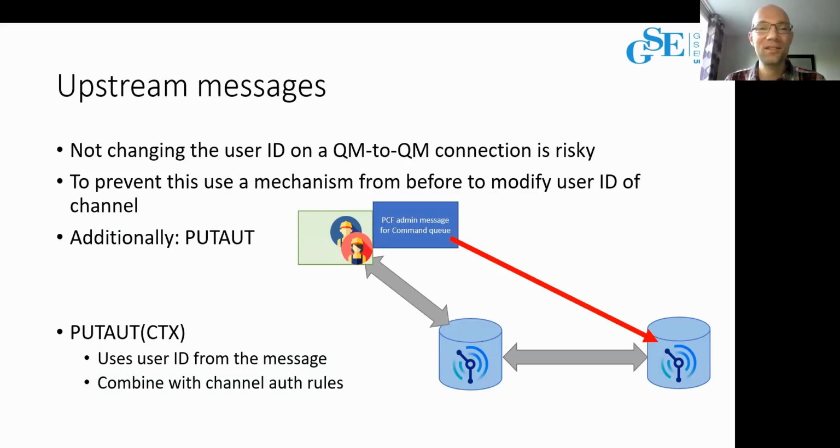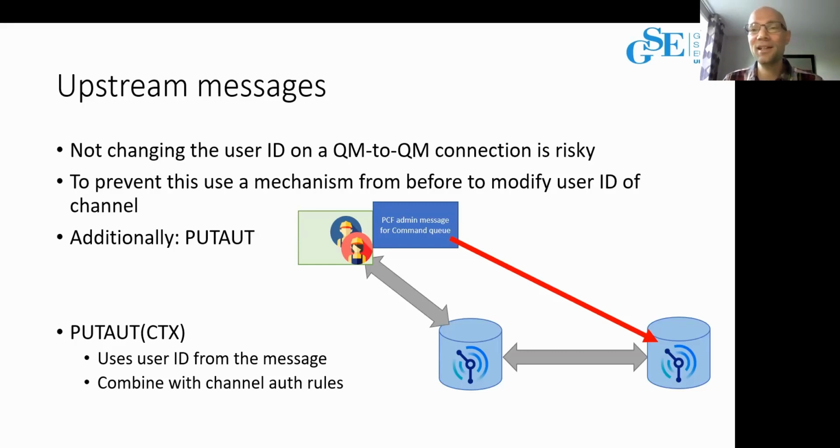But specifically, what can go wrong if you don't set any rules in place for connections between different queue managers? You could end up with a connection running under the user ID MQM, which can do absolutely anything, or pretty much anything, which might let somebody issue admin commands to your queue manager in certain cases when you don't want them to. So that's why it's important to have things set up correctly.